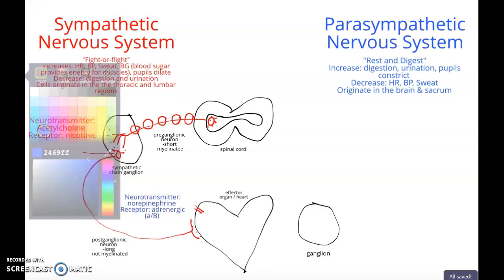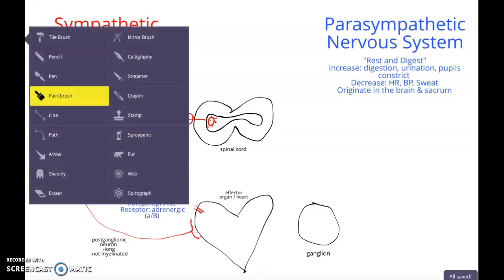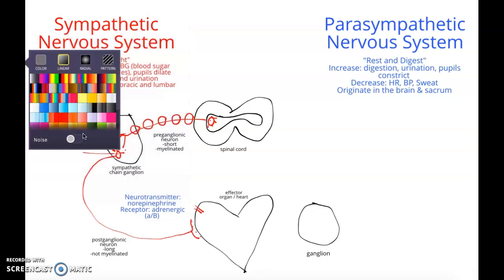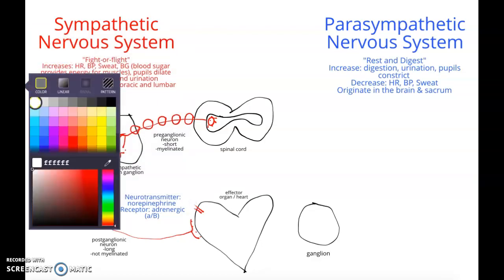So on the parasympathetic side, you can see the ganglion is much further away from the spinal cord.